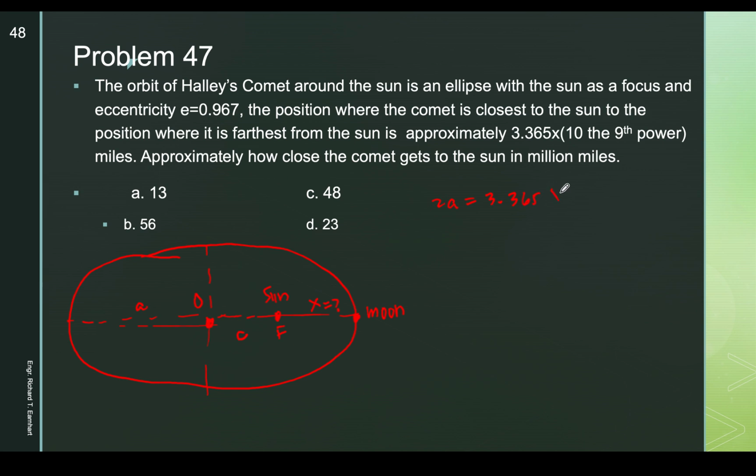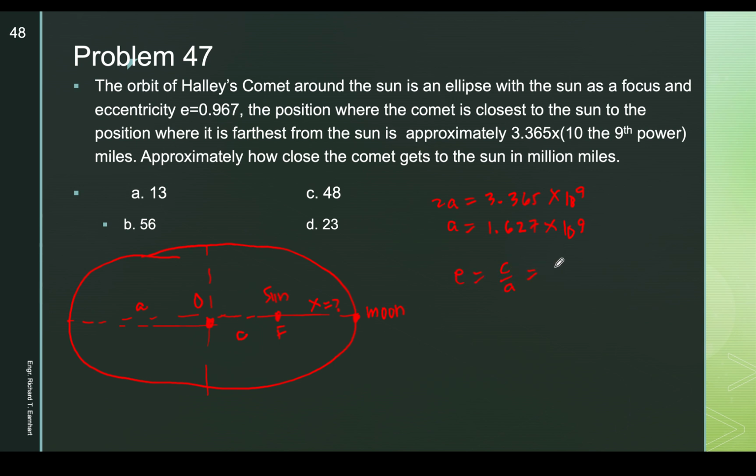Now the major axis is actually 2a, which is equal to this quantity 3.365 times 10 to the 9, and this gives us a = 1.6825 times 10 to the 9. And we know that the eccentricity is c over a.